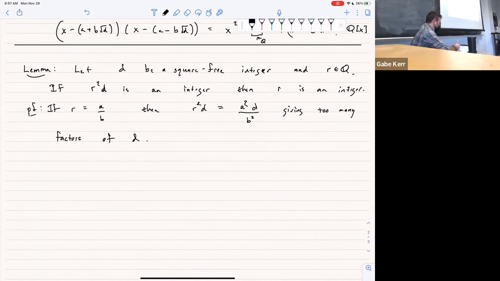Okay, so we're going to use this to find these algebraic integers. Here's our proposition, and then we'll see this gives us a pretty nice picture.